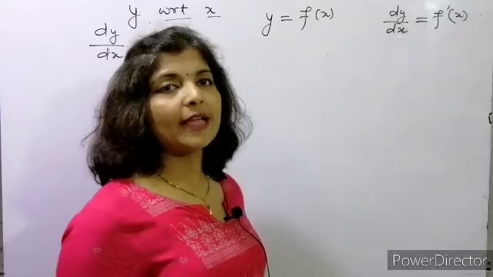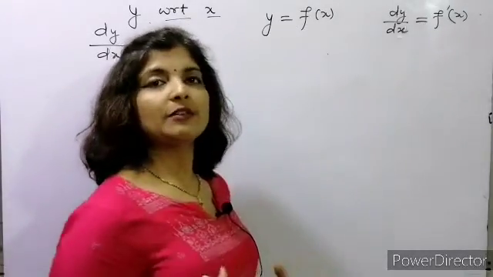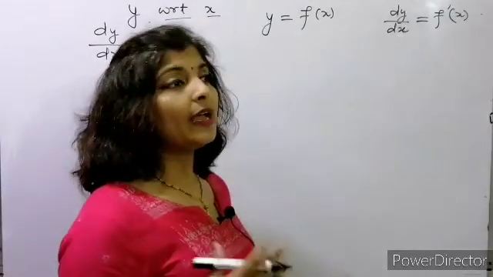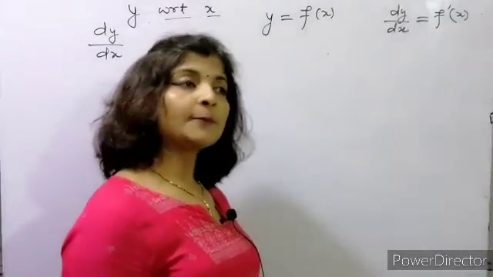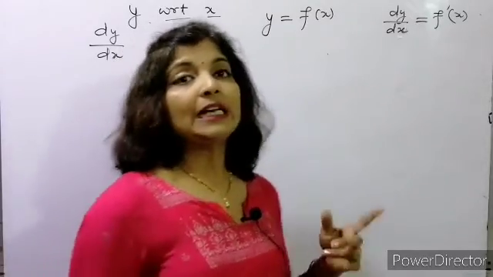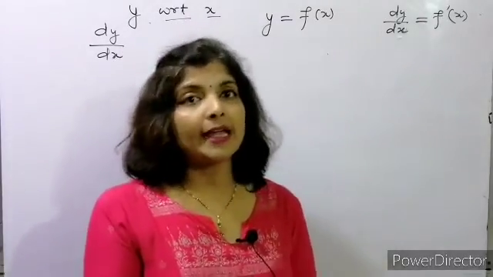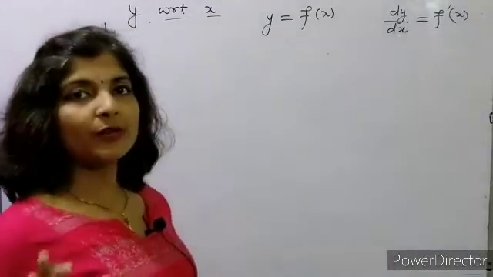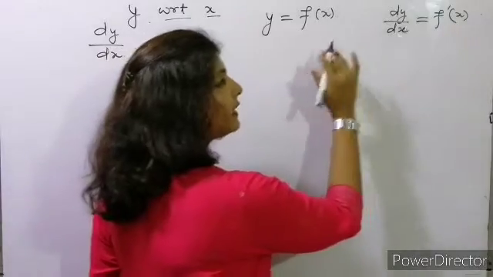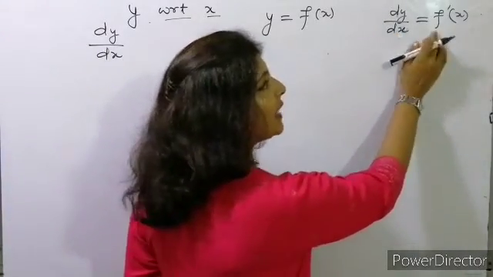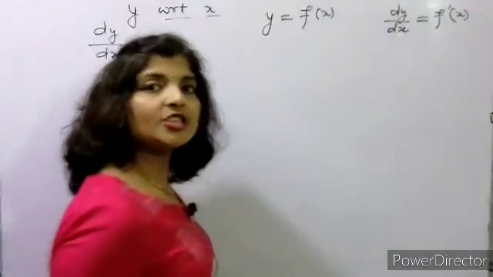Y is a function of x, मतलब कि y का जो value होगा that will be in terms of x: x square, x square plus 2x plus 1, या 7x, या x cube, या root under x, या e to the power x, anything. So x के term में that will be a function with respect to x, and the derivative of y with respect to x will be denoted by f dash x.